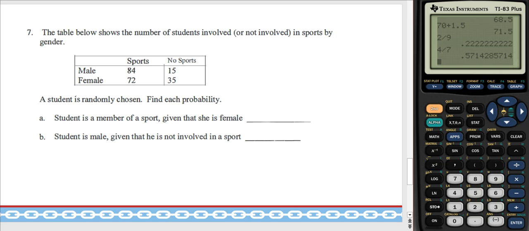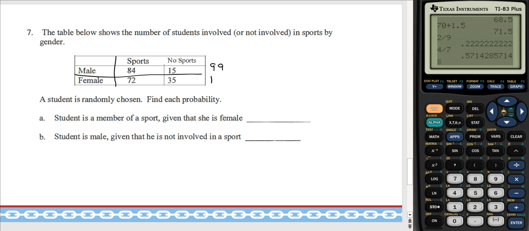For number 7, we have a two-way table. We have male and female, and then if the person surveyed is involved in a sport or not in a sport. And our data is missing some totals. We need totals for our categories here.